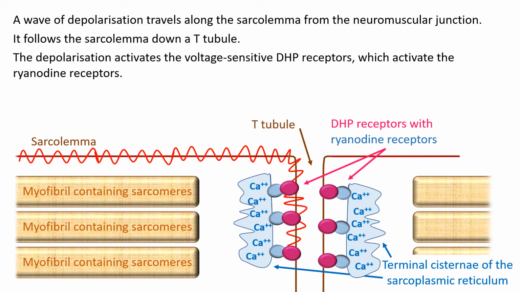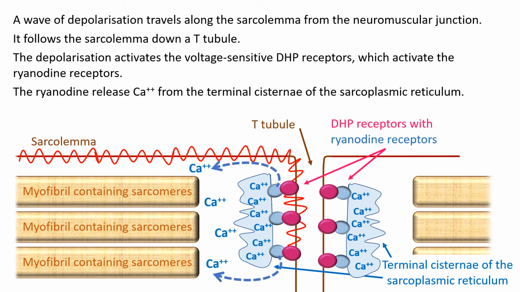This depolarization activates the voltage-sensitive DHP receptors, which in turn activate the ryanodine receptors. The ryanodine receptors release calcium from the terminal cisternae, these little pockets of the sarcoplasmic reticulum, into the sarcoplasm around the myofibrils and within the myofibrils. So calcium is now free to bind to its binding sites, 2 per troponin.